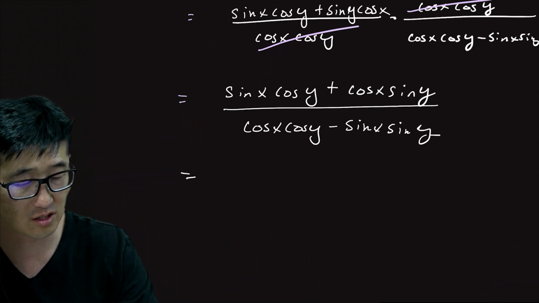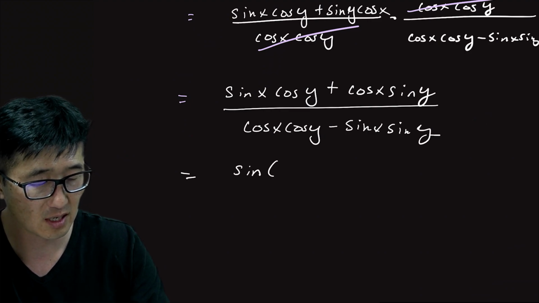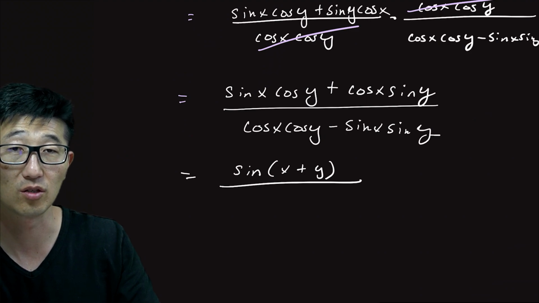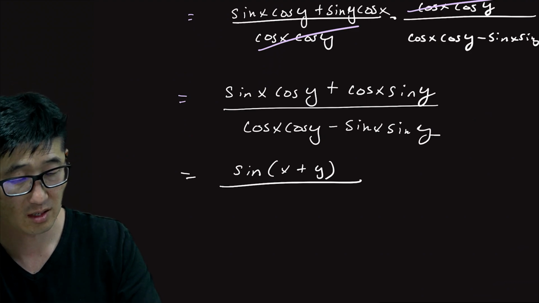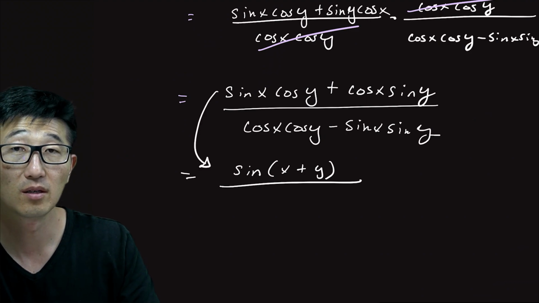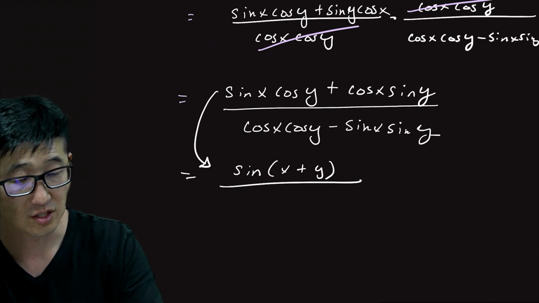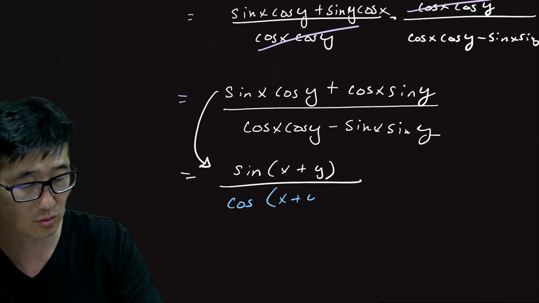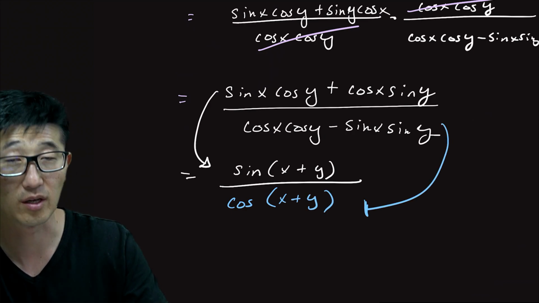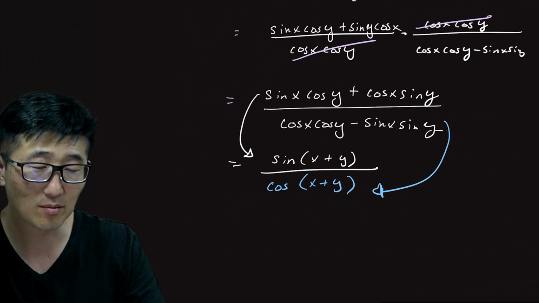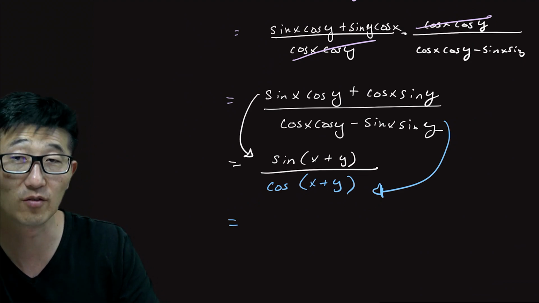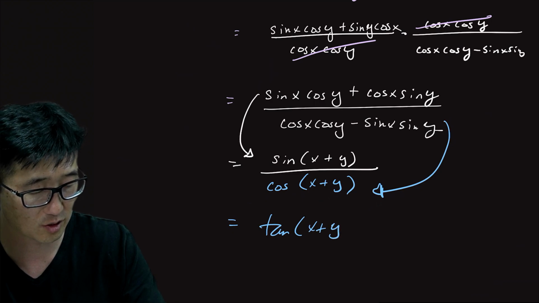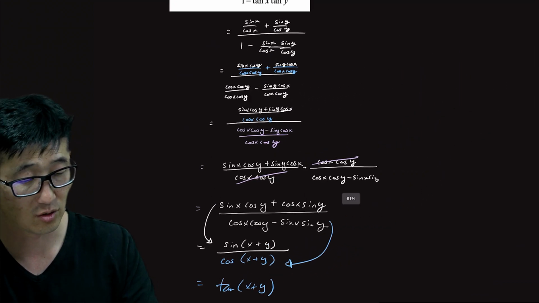The one on the top becomes sine of x plus y. I wrote it as squared, sorry. So sine of x plus y. And the denominator becomes cosine of x plus y. And that eventually becomes sine over cosine, which is tangent of x plus y.